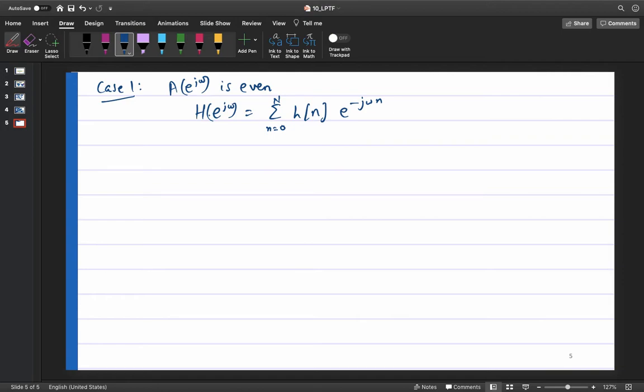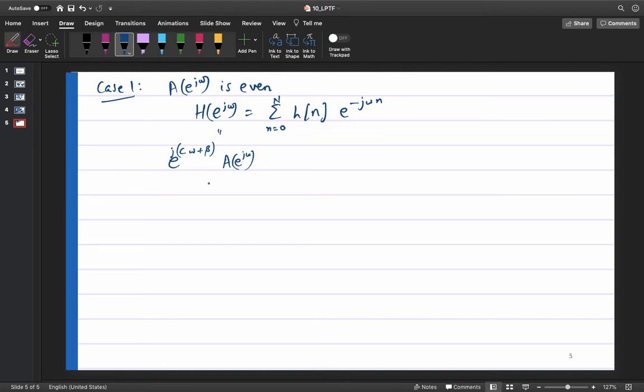Okay, now let's try to put some properties. H(e^{jω}) is equal to e^{j(cω+β)} A(e^{jω}), right? And this is equal to the summation, basically the whole thing. I won't write it again. So let's do some simplification. Let's take this part to the other side.